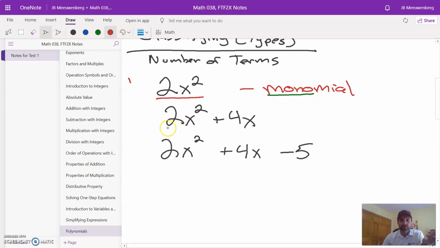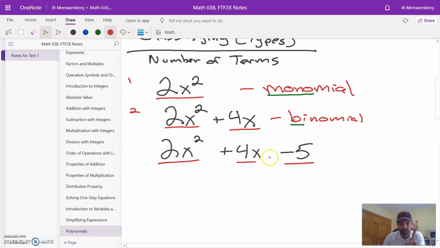In the second one, we have 2x squared plus 4x. So we have 2 terms in this one. A 2-term polynomial is called a binomial, with bi being the prefix. That means 2. And in the last polynomial, we have 2x squared, we have 4x, and then we have minus 5.